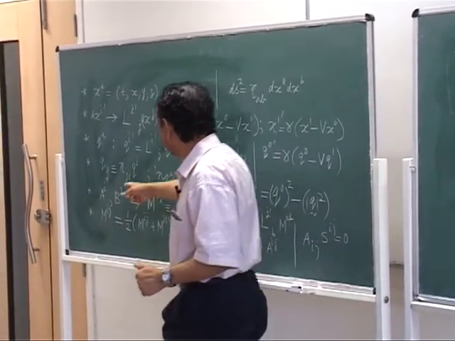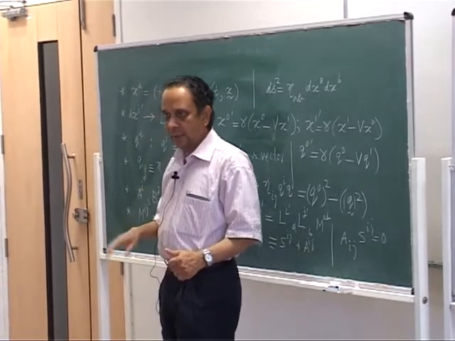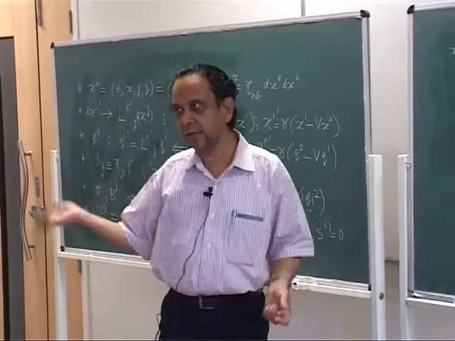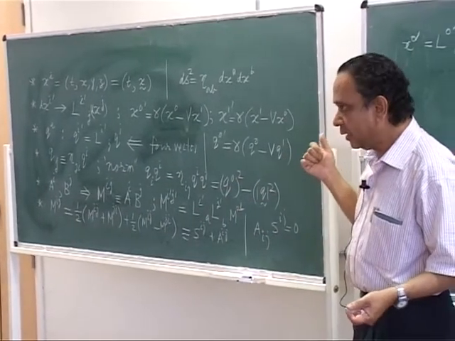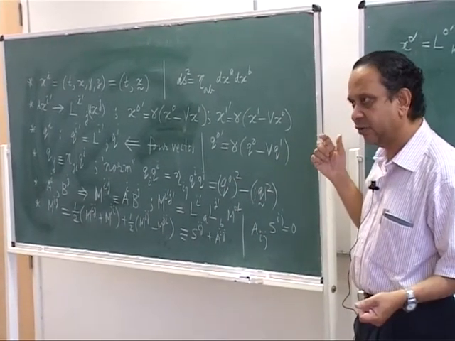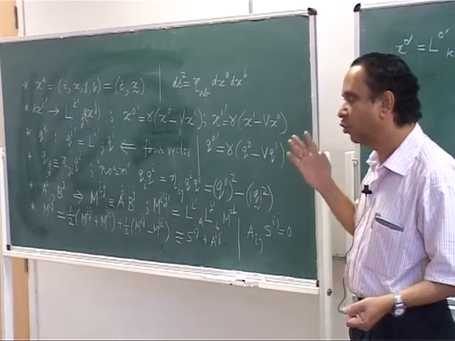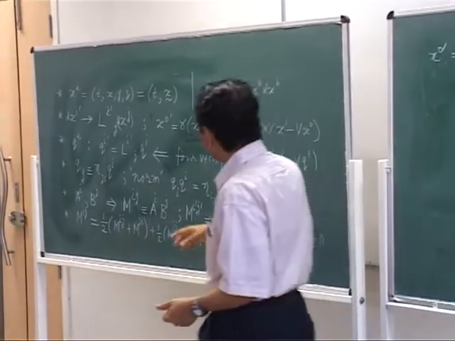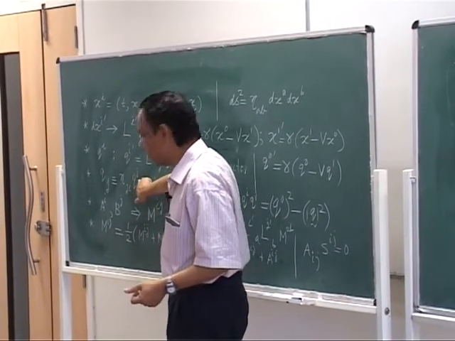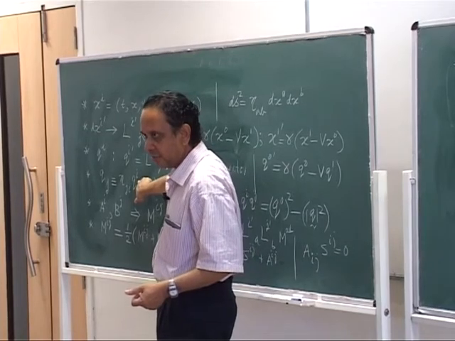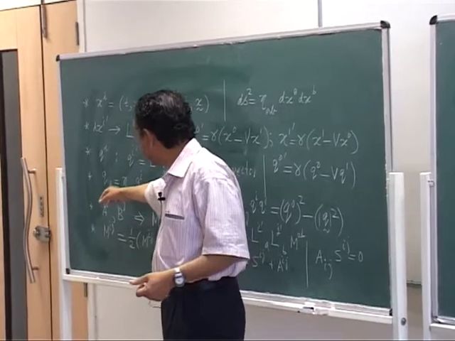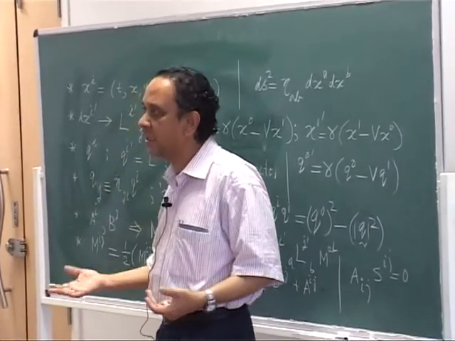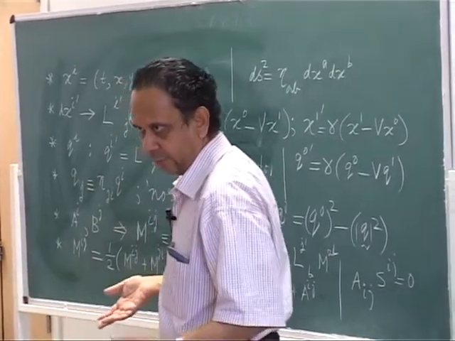Things like this Qj with a lower index, in conventional textbooks including Landau and Lifshitz, which you will be reading, or my textbook, they make a distinction between what is known as contravariant vector and covariant vector. The ones which have the index on top are called contravariant vectors, and similarly contravariant tensors. Those which have indices at the bottom are called covariant vectors and covariant tensors.